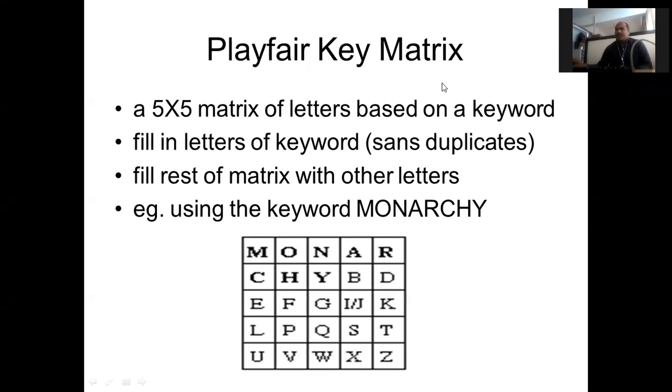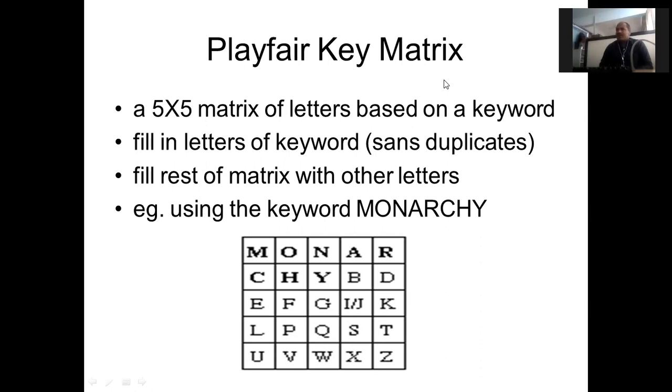So how are you going to construct the Playfair Key Matrix? First of all, we need to select a keyword. That keyword may contain multiple letters. We should not use a small keyword, because if I use something like M, Y, R, the keyword has a very small number of letters.